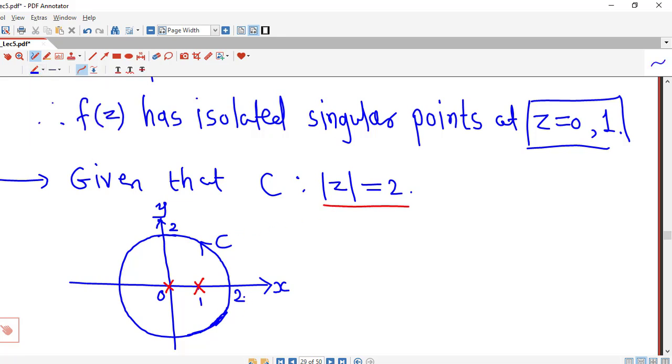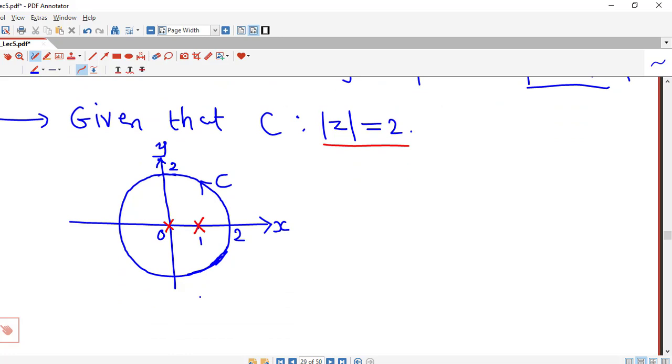So we can say that f of z is analytic everywhere on and inside this simple closed contour C except two points, z equal to 0 and z equal to 1, which are inside this circle mod z equal to 2. So the hypothesis of Cauchy's residue theorem is satisfied.